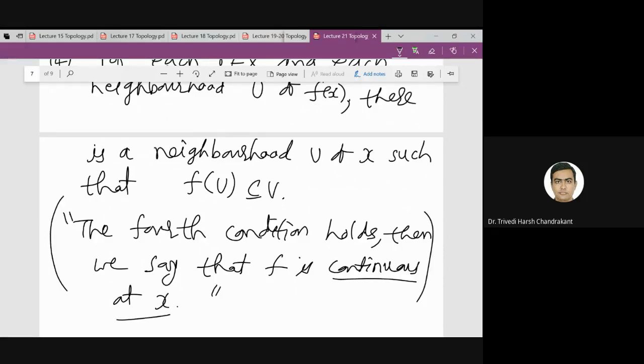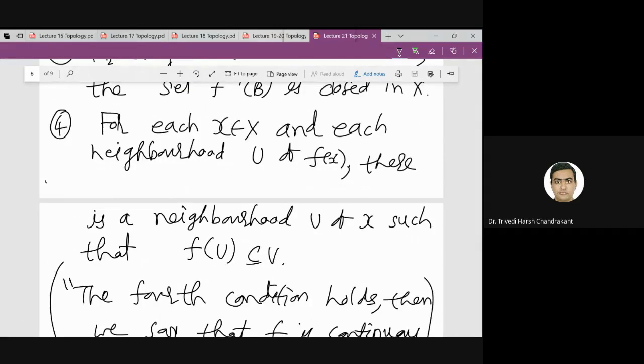This is the definition of continuity at point x. If you compare this with the epsilon-delta definition, this is exactly that definition.